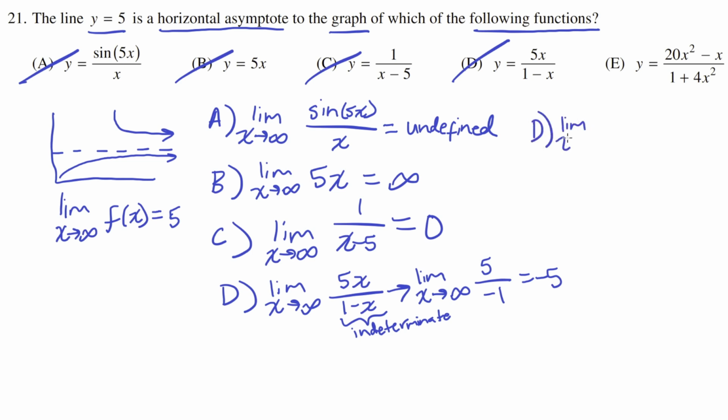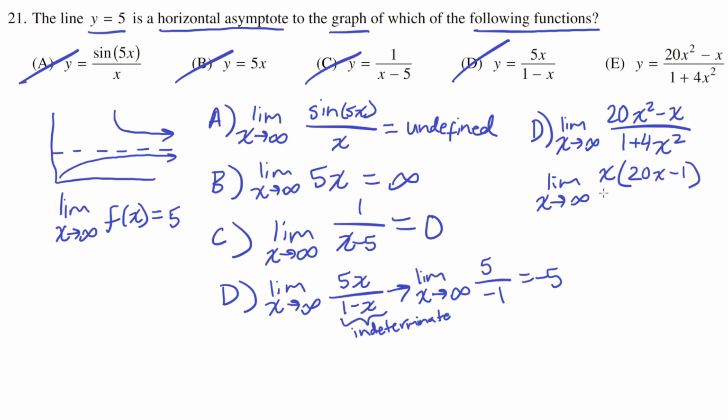Okay, and then what about answer choice E? The limit as x approaches infinity of 20x squared minus x over 1 plus 4x squared. In this case, let's do some factoring to simplify. We'll take an x common out in the numerator, so we'll have 20x minus 1, and in the denominator, we'll just have 1 plus 4x squared.